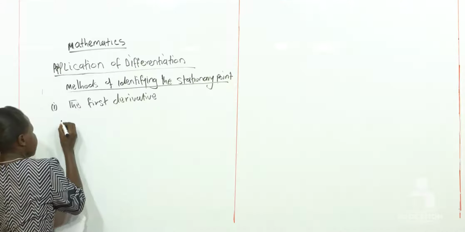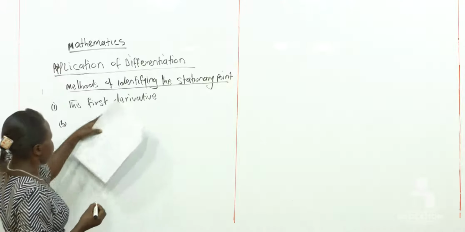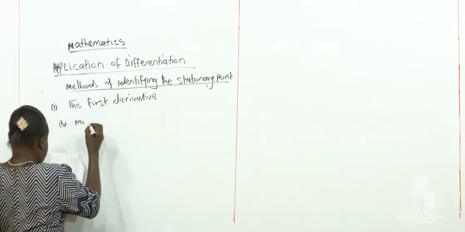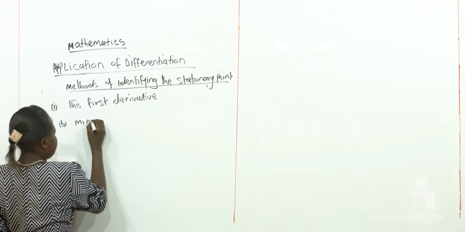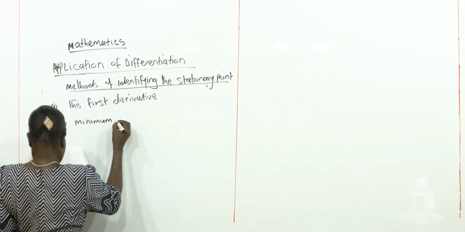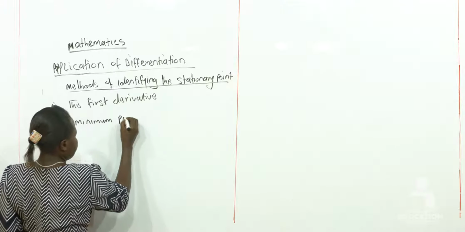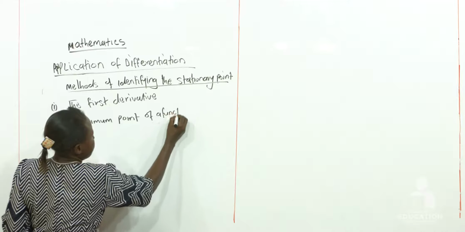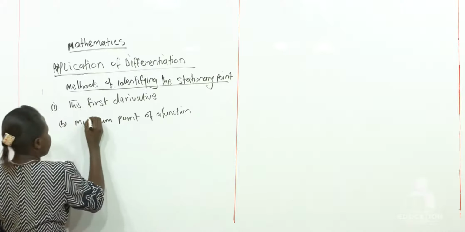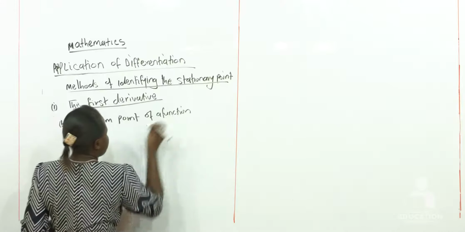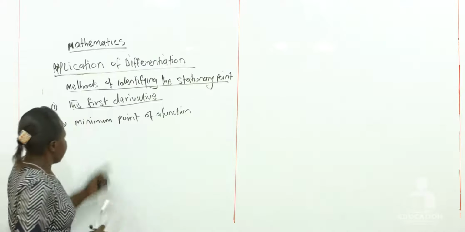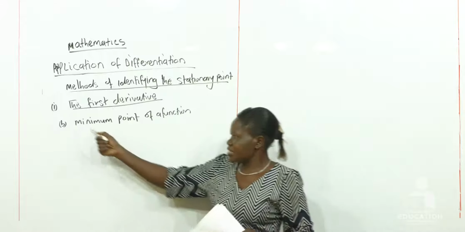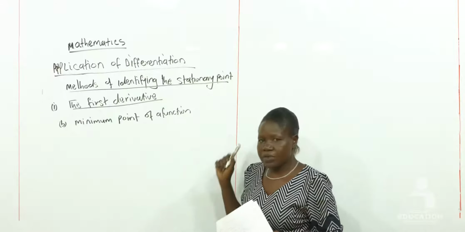And then B, we are now looking at how to use the first derivative in identifying the minimum point of a function.